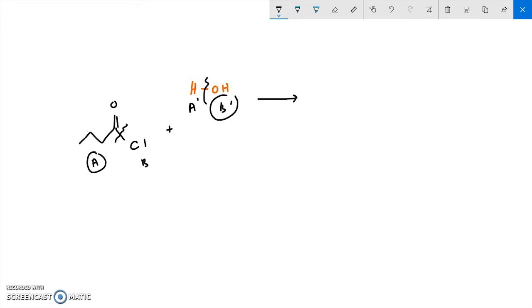It will look like this: 4 carbons, C double bond O, which represents the A part, attached to the OH, which is the B prime from the structure of water, and the side product H from the water, which combines with the Cl from the butanoyl chloride. This reaction is also known as hydrolysis.